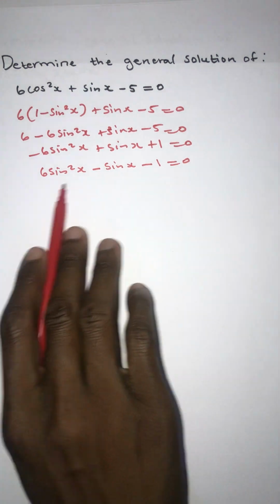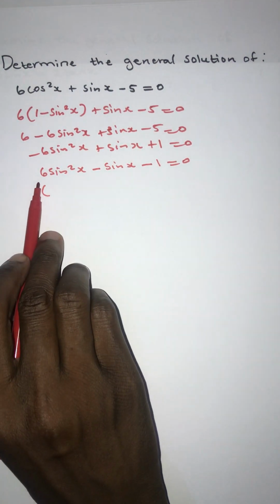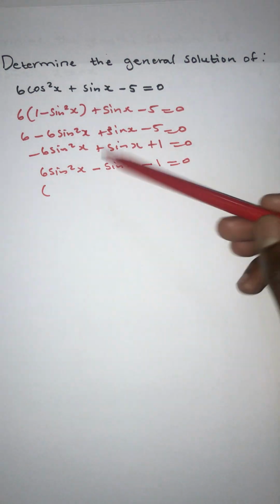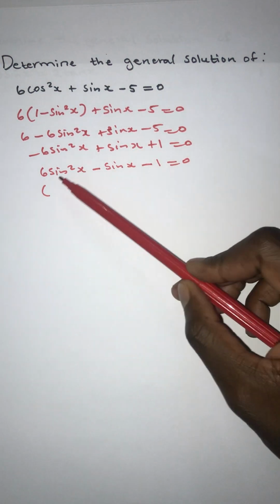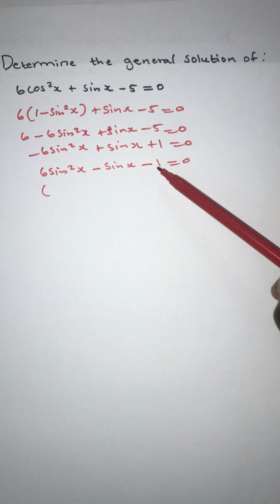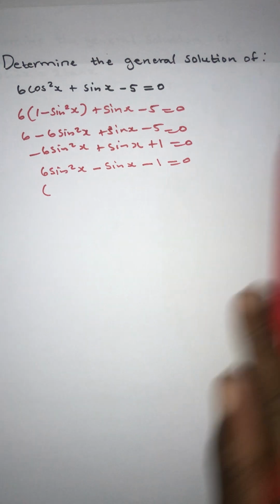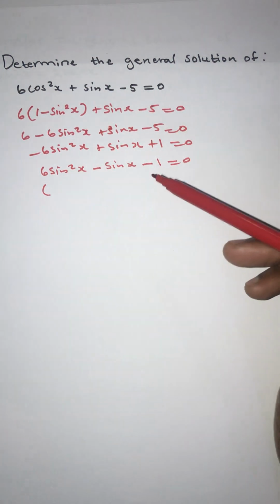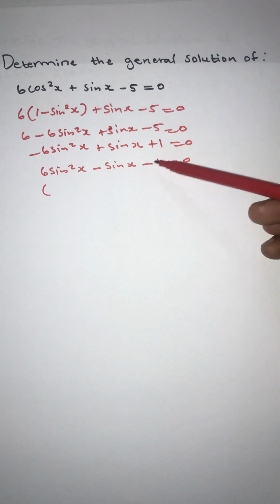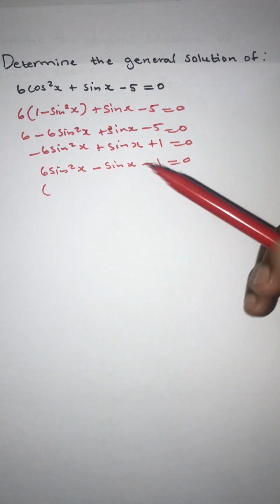Then let's factorize this. We want to check the values of 6 sine squared x and the values of 1, so that when we add or subtract, it's going to give us the negative sine x.